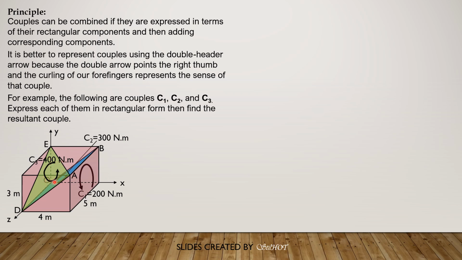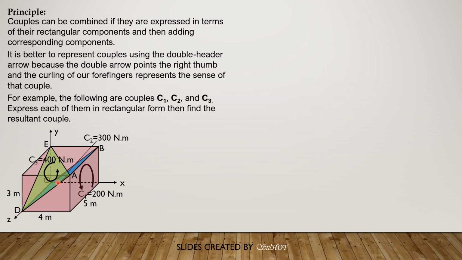And finally, this couple 3, it is on this plane EDA. Then if you curl your four fingers in the same manner, the axis of the couple will be perpendicular to this plane, and so it is pointing in that direction, and it has a negative x component opposite to x, positive y component, of course, then positive z component.